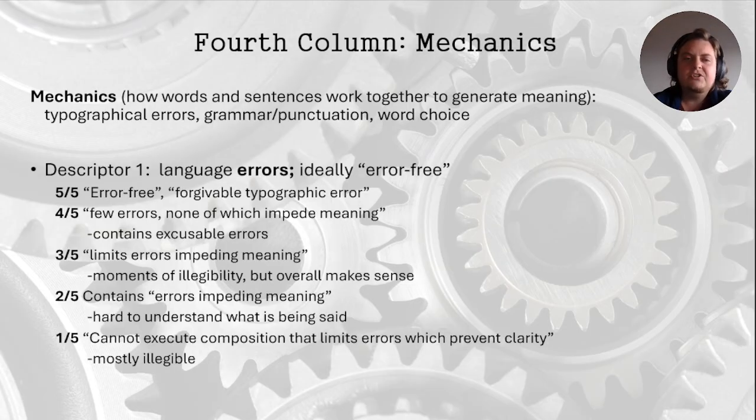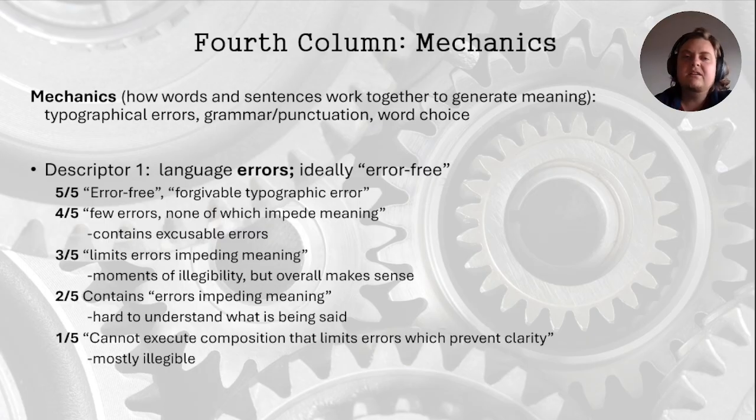All right, so the first descriptor, the first row that we're going to look at, is language errors. A lot of times I'll return a paper marked up and there will be a lot of red on it, and that's okay. Some of those are language errors and others might be construction errors.